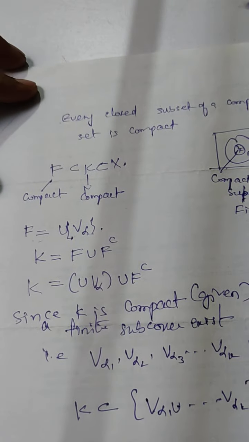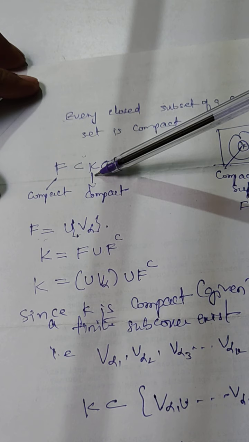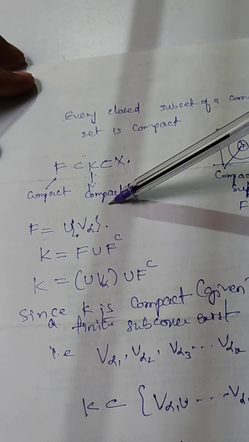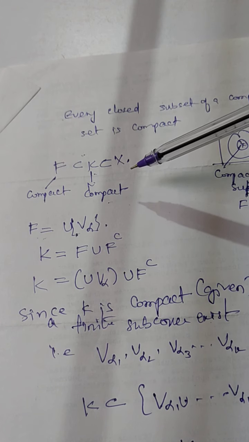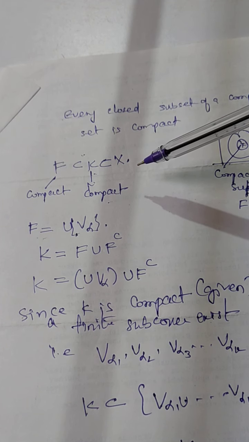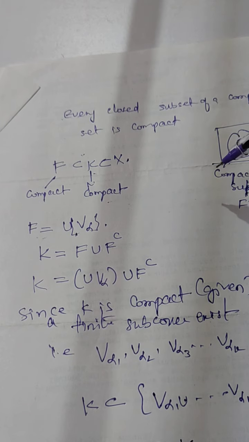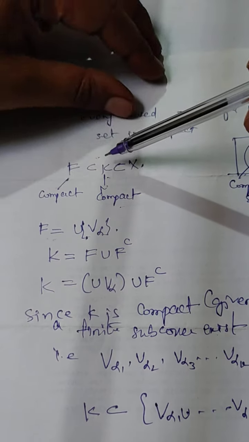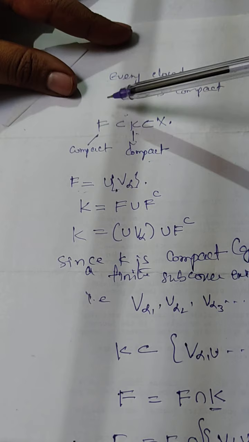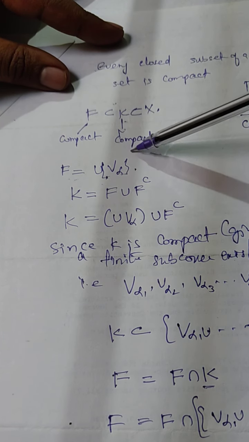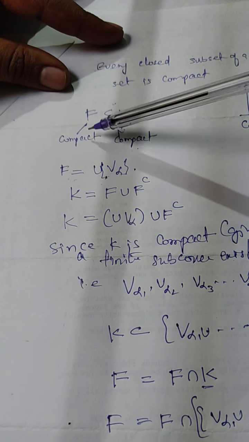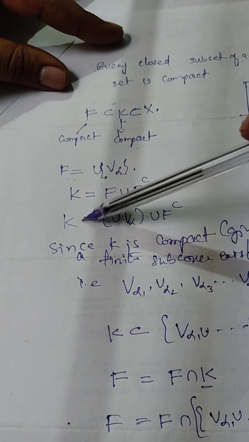That is simple. All right, what we did, we use this K which is the given condition, and we know that F can be written as union of V alphas, some V alphas which are the open sets in G alpha. After that K can be written as, since K is compact, we just proved K is compact.